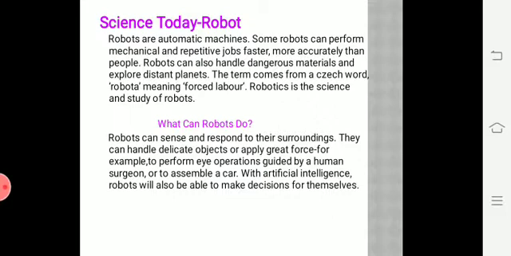For example, a robot can assemble a car, but the instructions have to be given by us. We have to feed the instructions into the robot, and so the robot can assemble the car. With artificial intelligence, robots will also be able to make decisions for themselves.